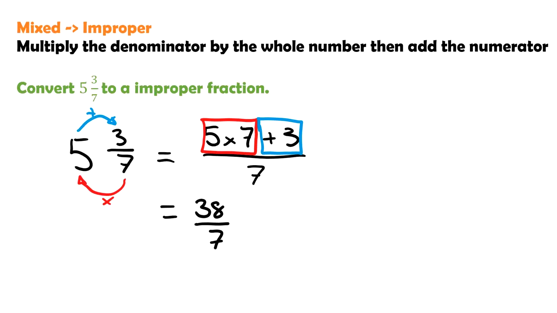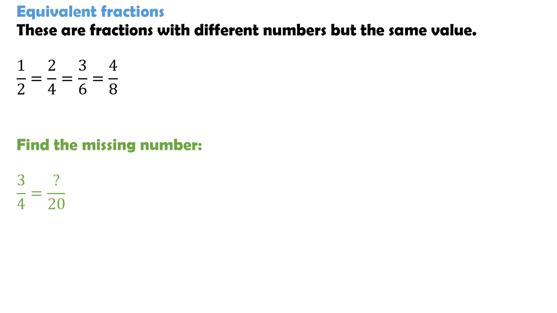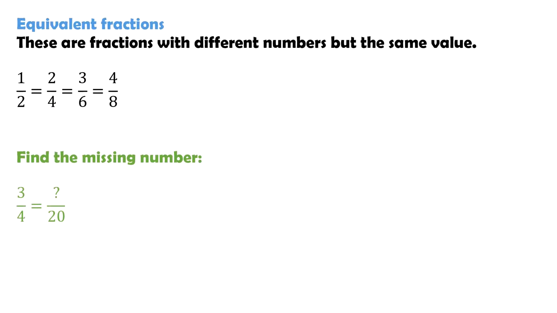The next thing we're going to look at is equivalent fractions. These are fractions with different numbers but the same value. What that means is 1 over 2 is the same as 2 over 4, which is the same as 3 over 6 and 4 over 8, and that can keep going. They're all a half, but they're represented with different numbers.